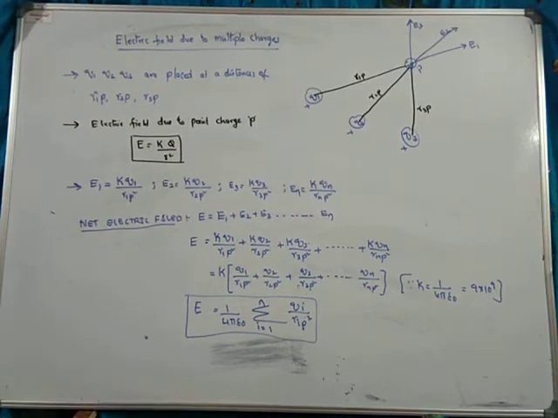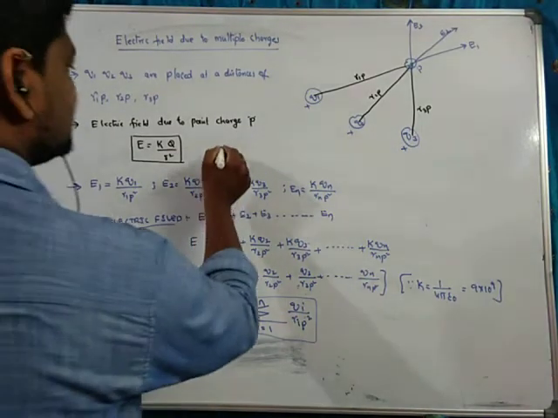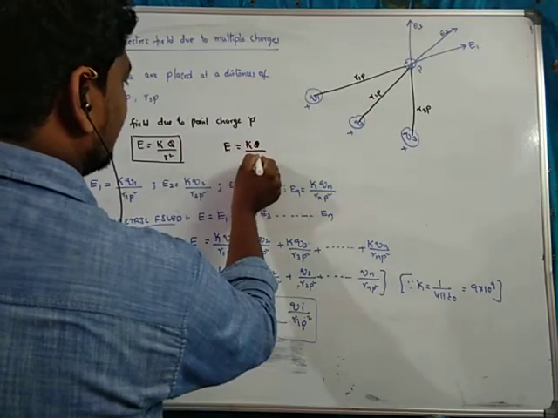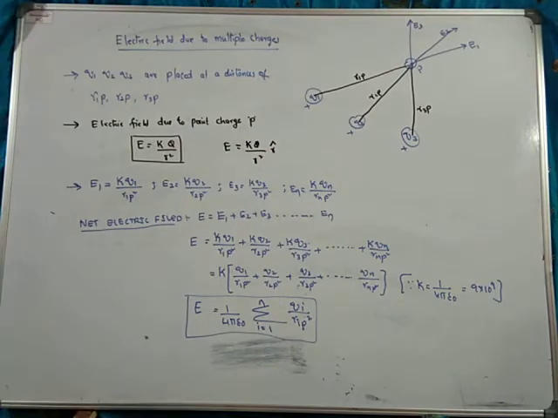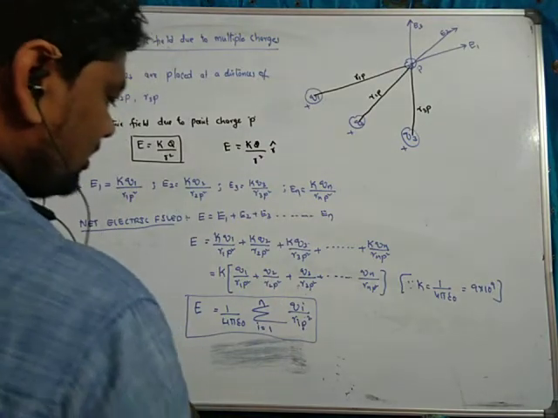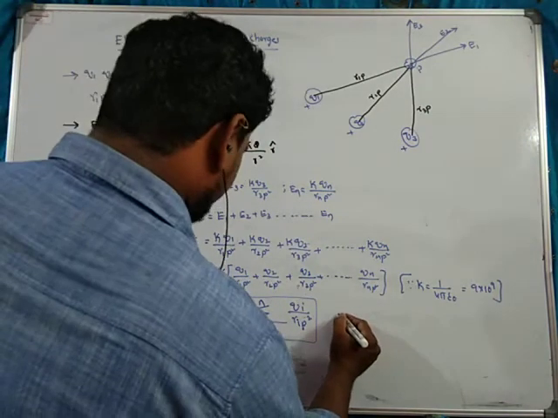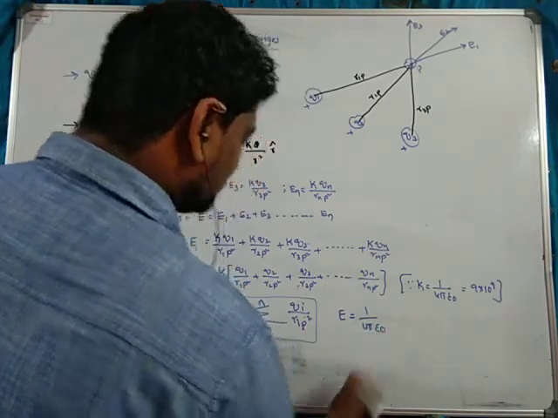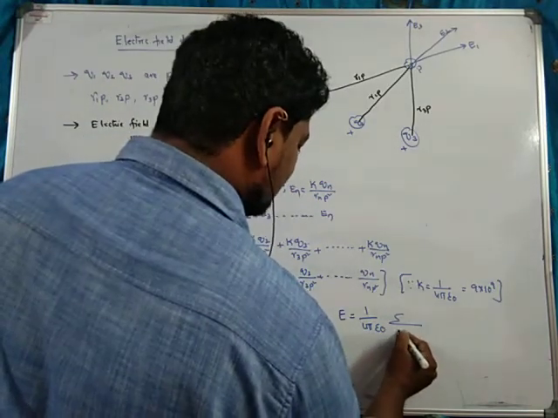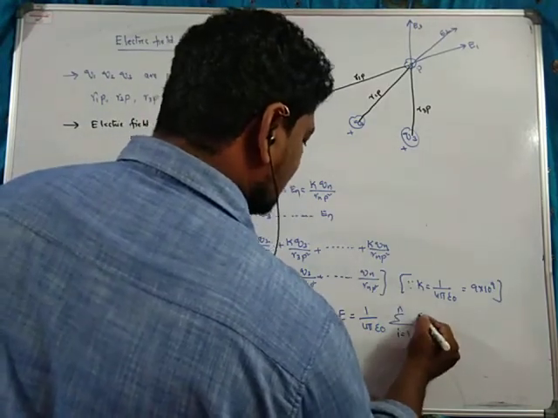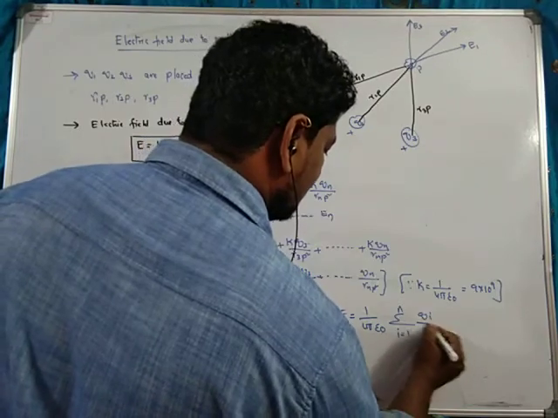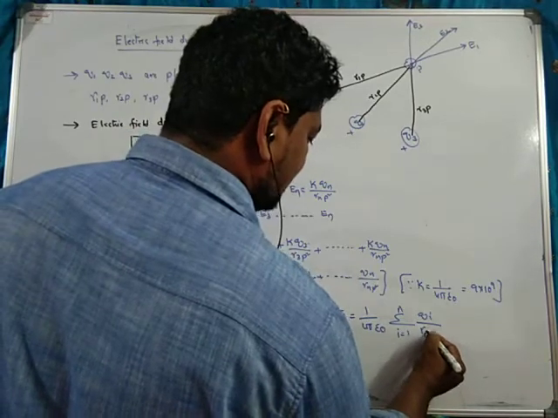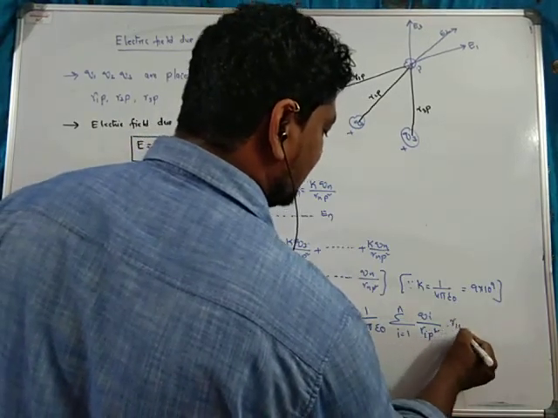Suppose you want to represent this in vector form. Vector form means we have to mention the direction: KQ by R square along with R cap. In the same way, here also we represent E is equal to 1 by 4 pi epsilon naught, sigma i going from 1 to n, Q of i divided by R of iP square into R of iP cap.